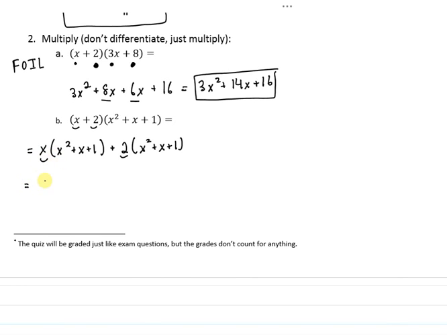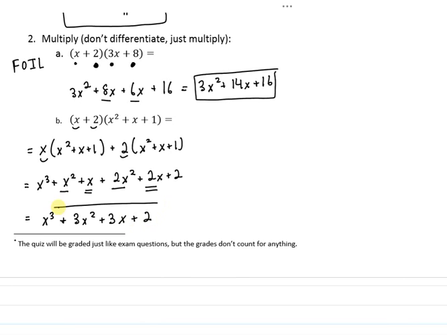Then I can just distribute each of these, so I get x cubed plus x squared plus x plus 2x squared plus 2x plus 2. Checking for like terms, I have an x squared and a 2x squared, and I have an x and a 2x. So I will get x cubed plus 3x squared plus 3x plus 2.